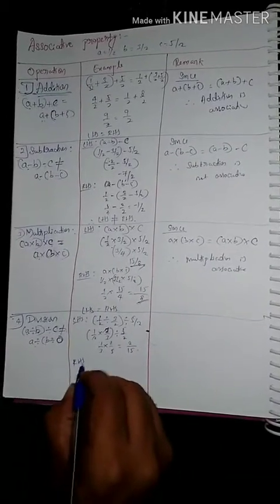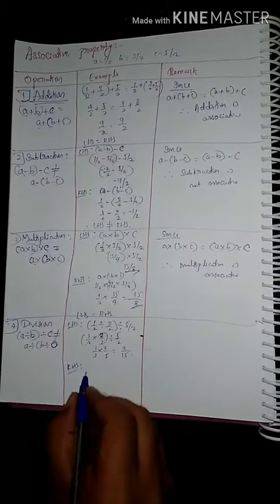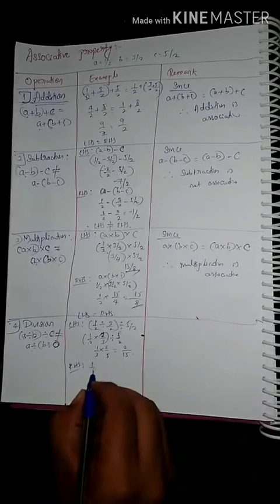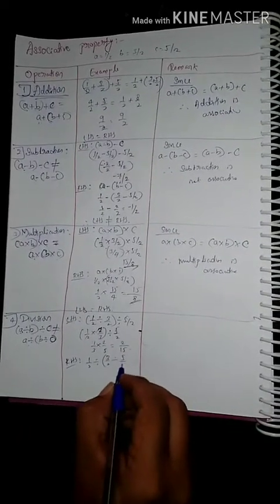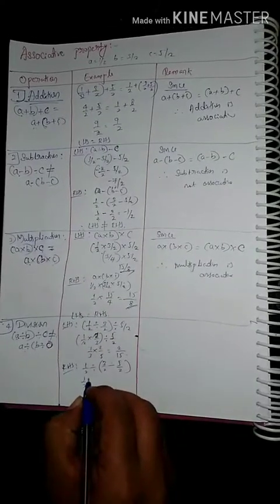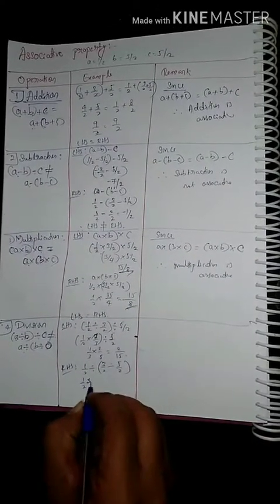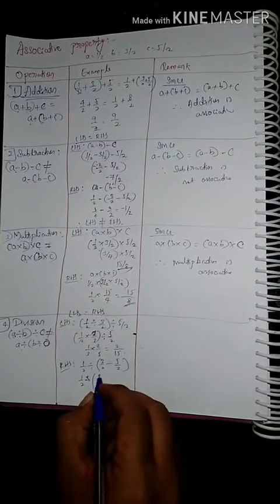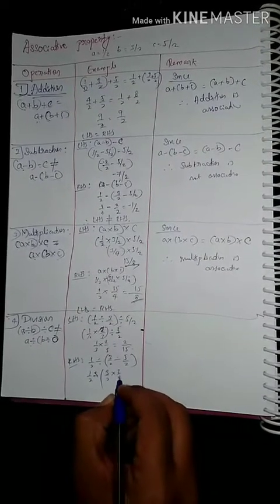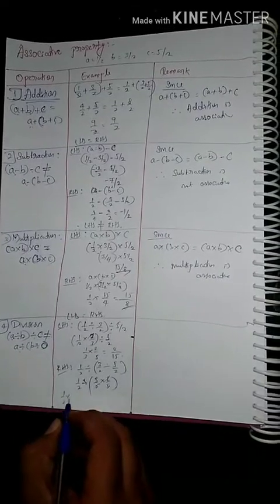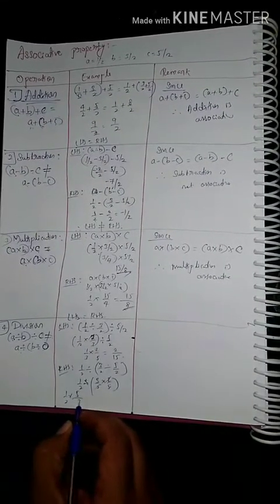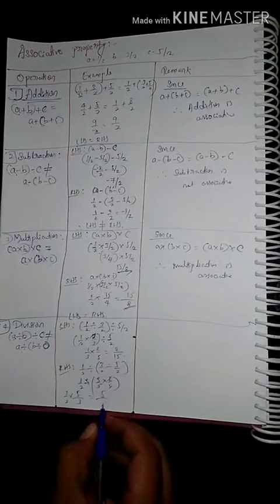Now let us check RHS. RHS is A, which is 1 by 2, divided by B divided by C, which is 3 by 2 divided by 5 by 2. So 1 by 2 as it is, divided by 3 by 2 into 2 by 5. The 2s get cancelled, it is 3 by 5. Again 1 by 2 into 5 by 3. 5 1s are 5, 2 3s are 6.